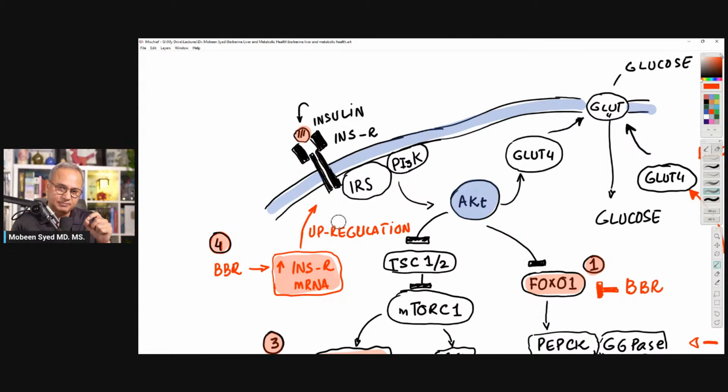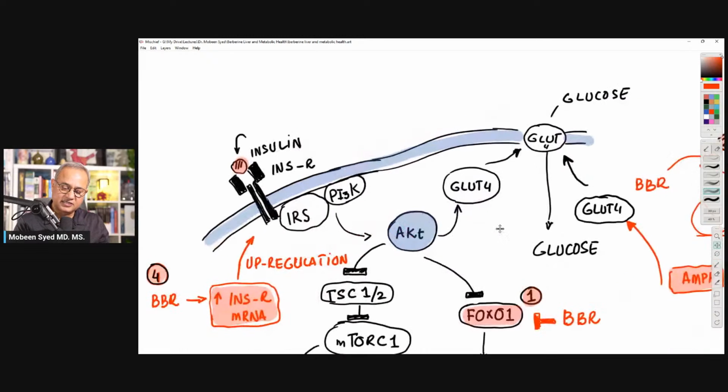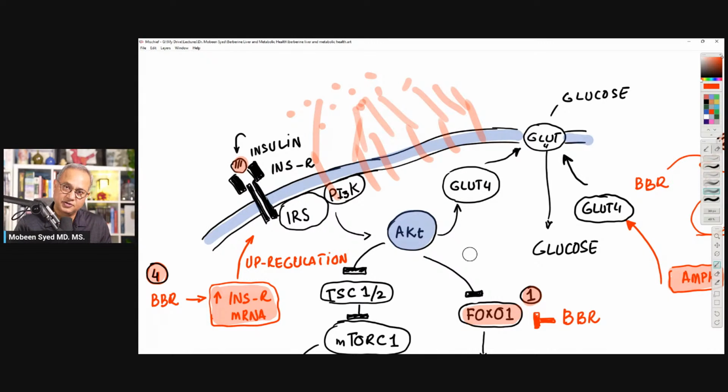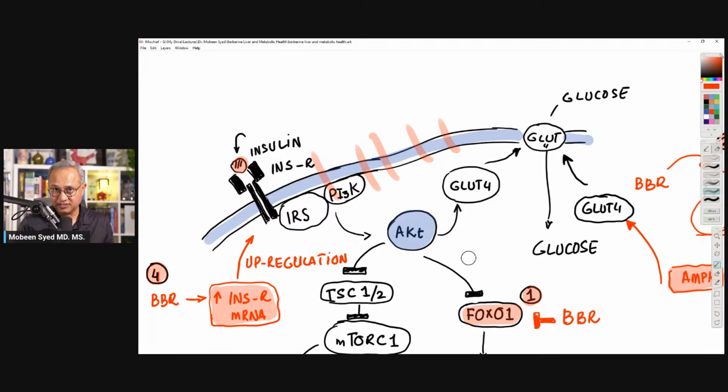Now, when the insulin receptors are increased, imagine that instead of this one receptor, there are many, many, many receptors. That means that if, let's say, these are all the receptors and these are all the insulin molecules, now these molecules have a lot more doorbells to ring. So these molecules have a lot more chances to cause an effect inside the cell. So this is what we will call an improvement in insulin sensitivity or a reduction in insulin resistance.